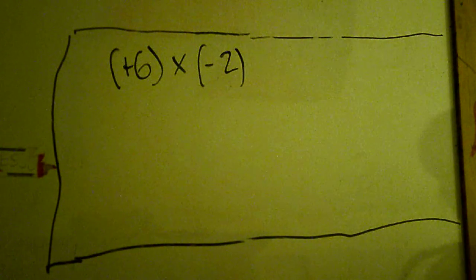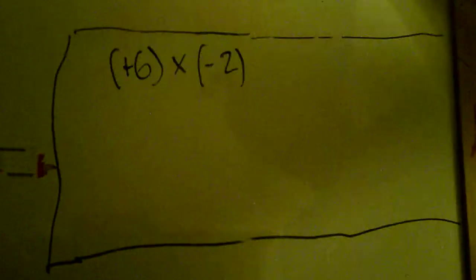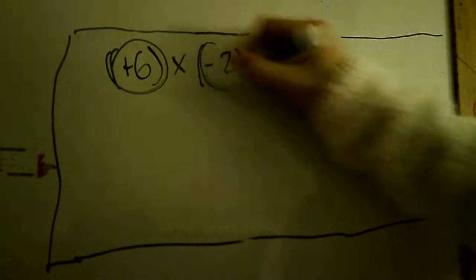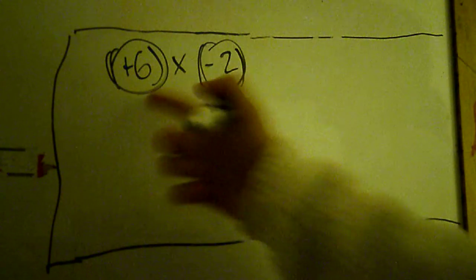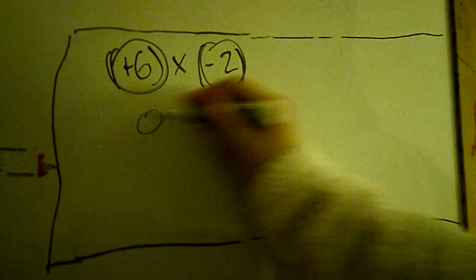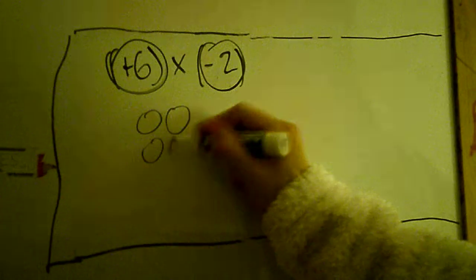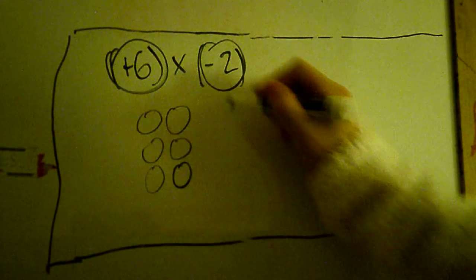So we remember that the first number is how many groups there are, and this is how many numbers there are in a group. So we remember that there's 6 groups. So we draw out negative 2. It's 2 groups. That's 3 groups.